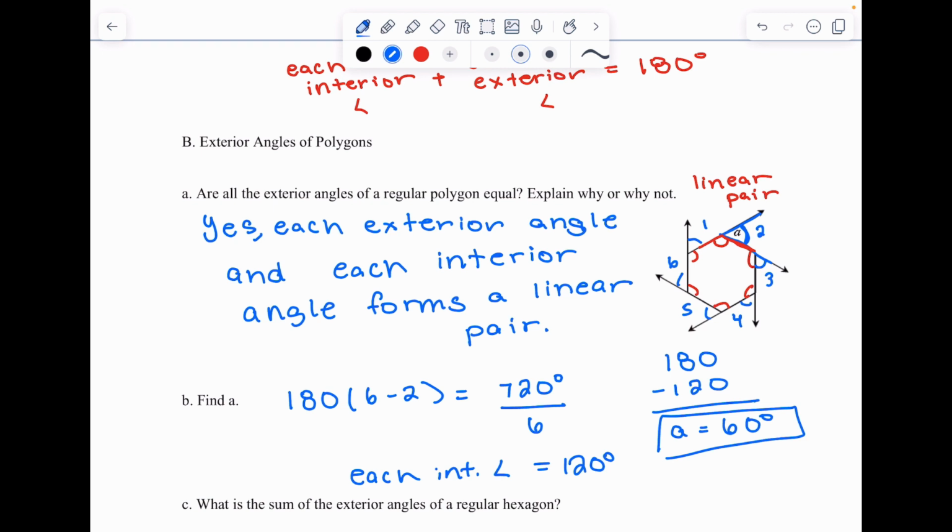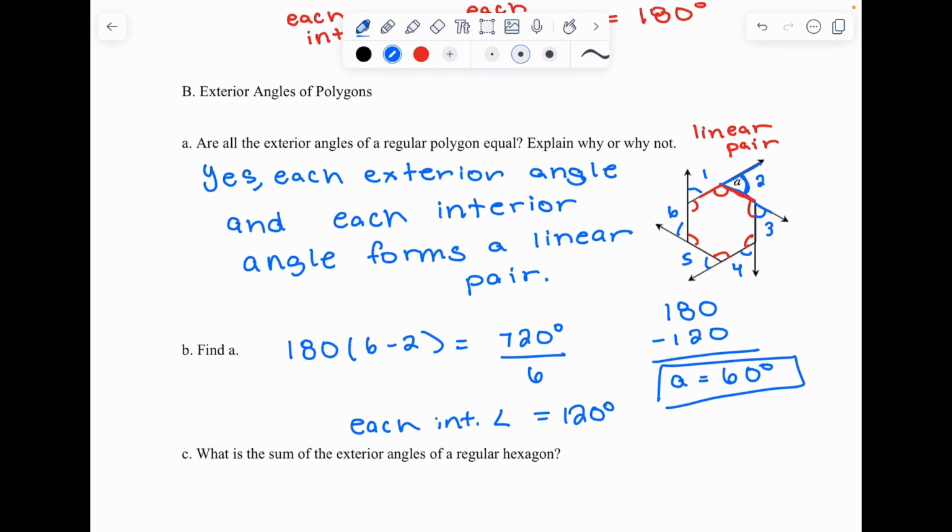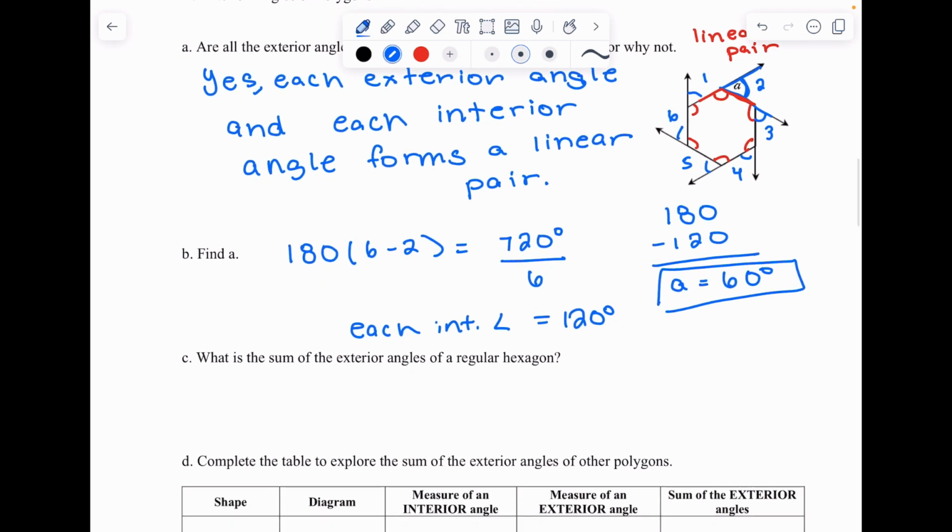And so we just said all of the exterior angles are congruent because all of the interior angles are congruent. So to find the sum of all the exterior angles, I am just going to multiply 60 by 6 because I have 6 exterior angles. And I get an exterior angle sum of 360 degrees.